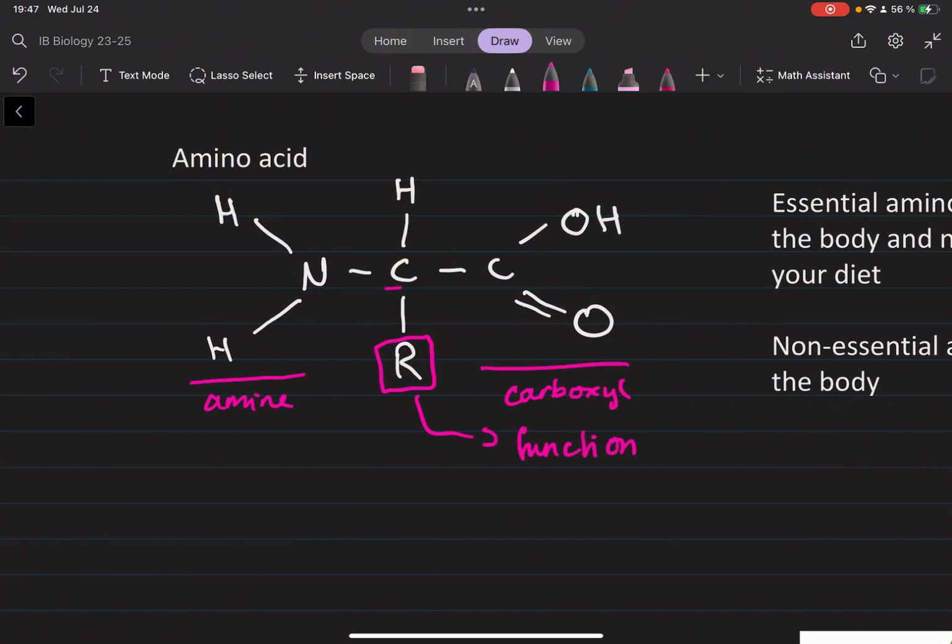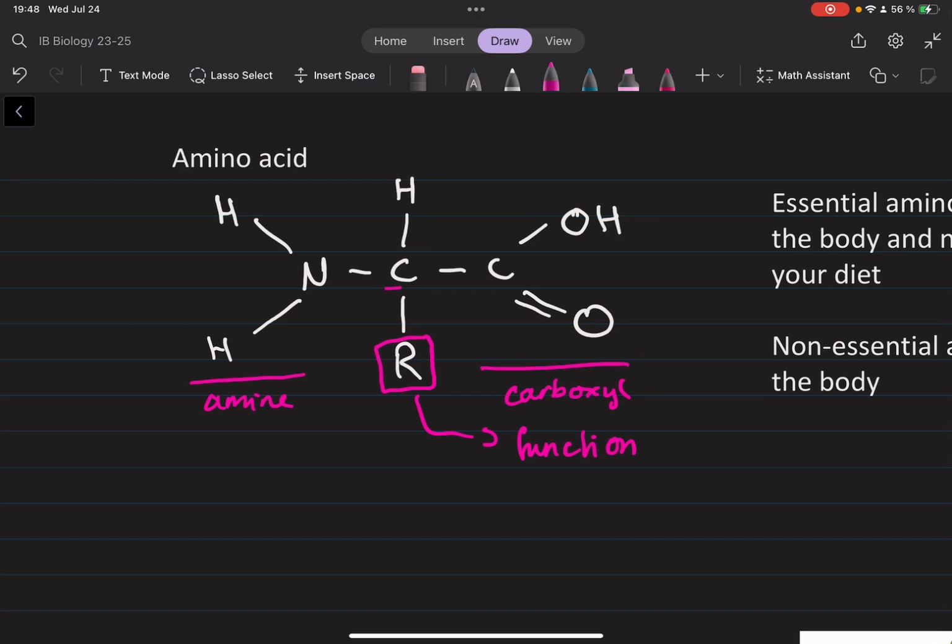So depending on the R group that amino acid has, it makes the function different. Everything else within every amino acid stays the same. So the amine and the carboxyl and this carbon in the middle bonded to the hydrogen all stay the same. But the R group is what changes.